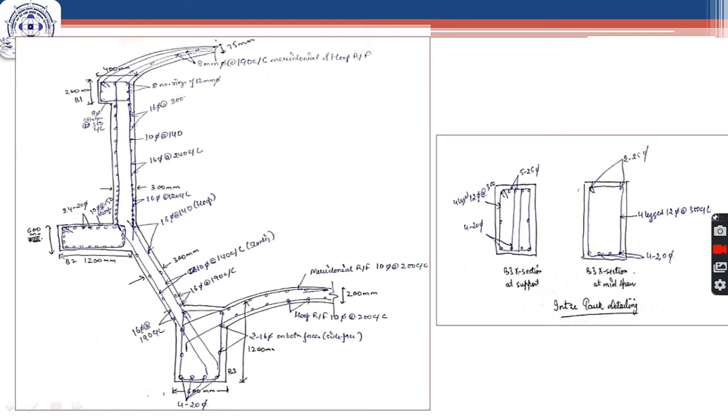So from top towards bottom we move in this way, and you have to know the structural behavior and what kind of reinforcement and what kind of load each type of component will take. So this is the complete design of Intze tank, or overhead tank with top dome and bottom conical and spherical dome.